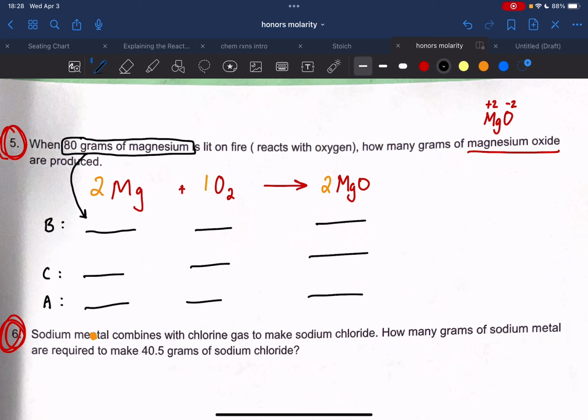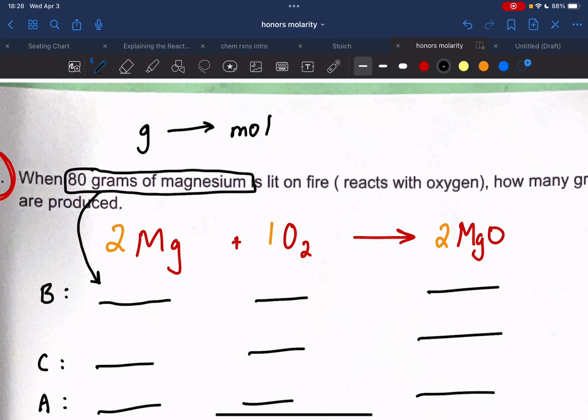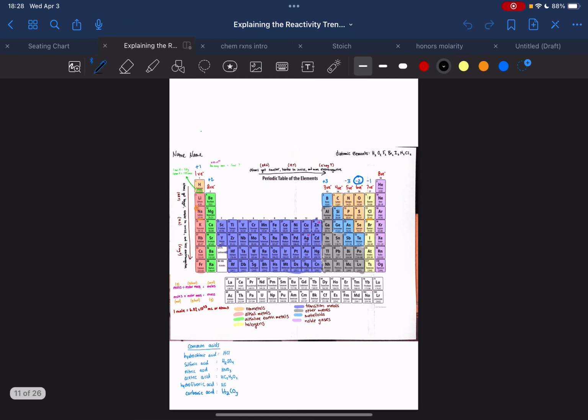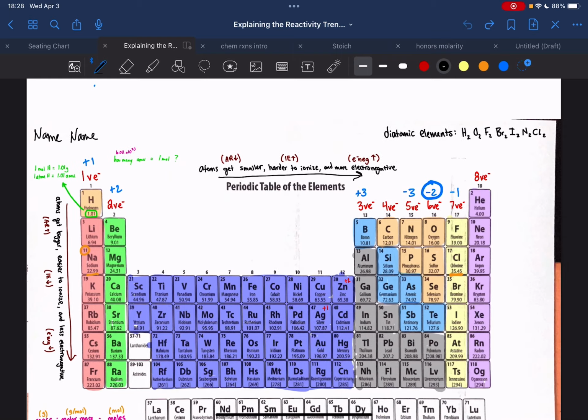So I'm going to look at my periodic table to tell me how to convert grams to moles. And my periodic table will tell me that I have to divide by the molar mass in order to get from grams to moles. So I'll punch in my calculator 80, divided by whatever the molar mass of magnesium is, and that number is 24.31 grams per mole.